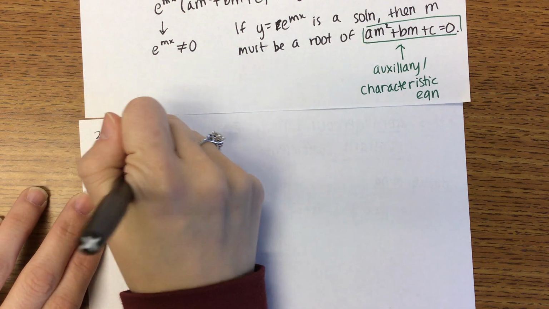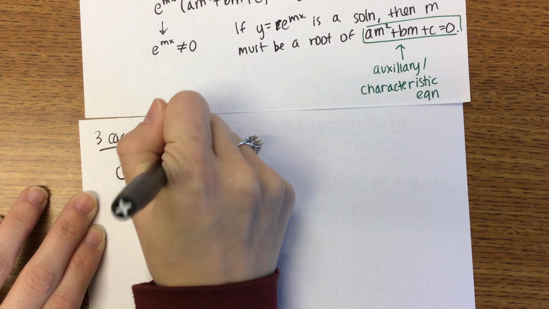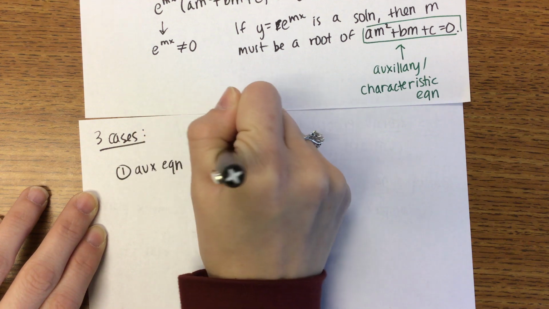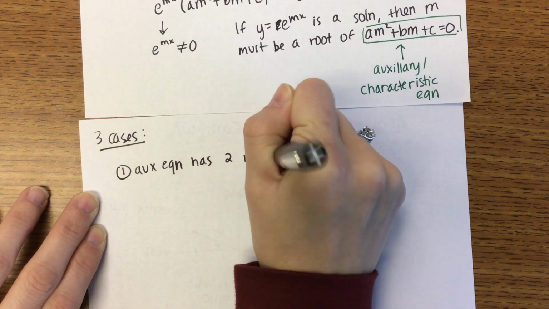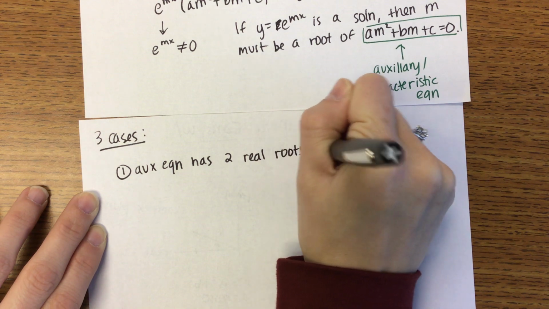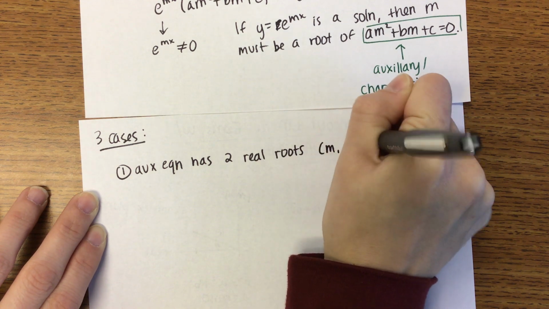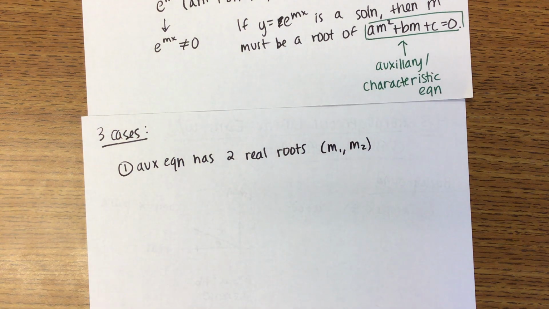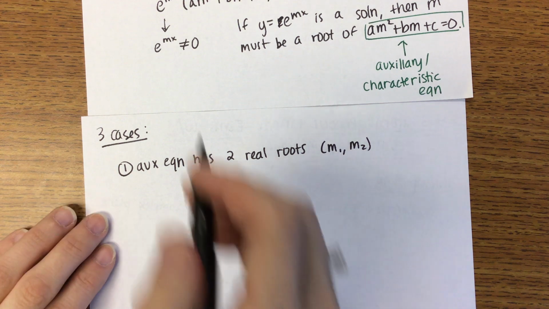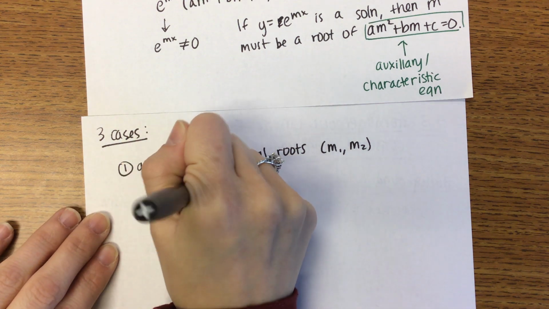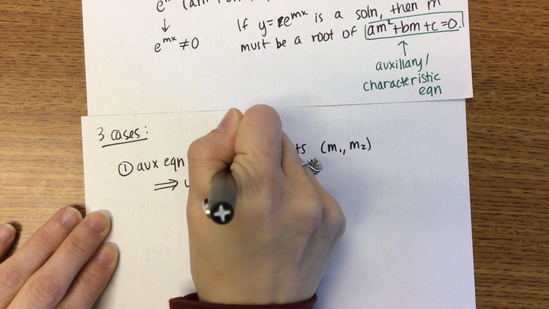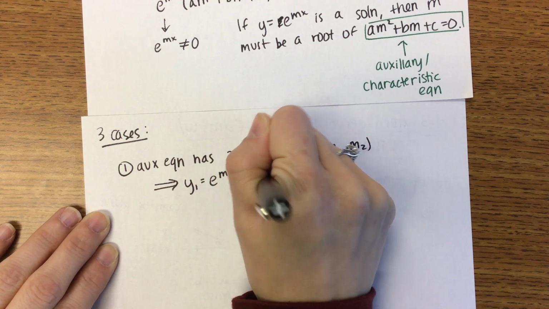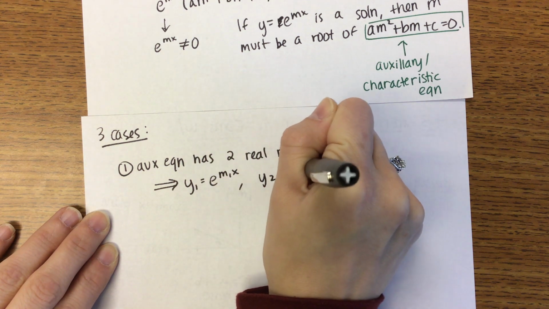First case is that the auxiliary equation has 2 real roots, m1 and m2. If that's the case, we have one solution, e to the m1x. We have another solution, e to the m2x.